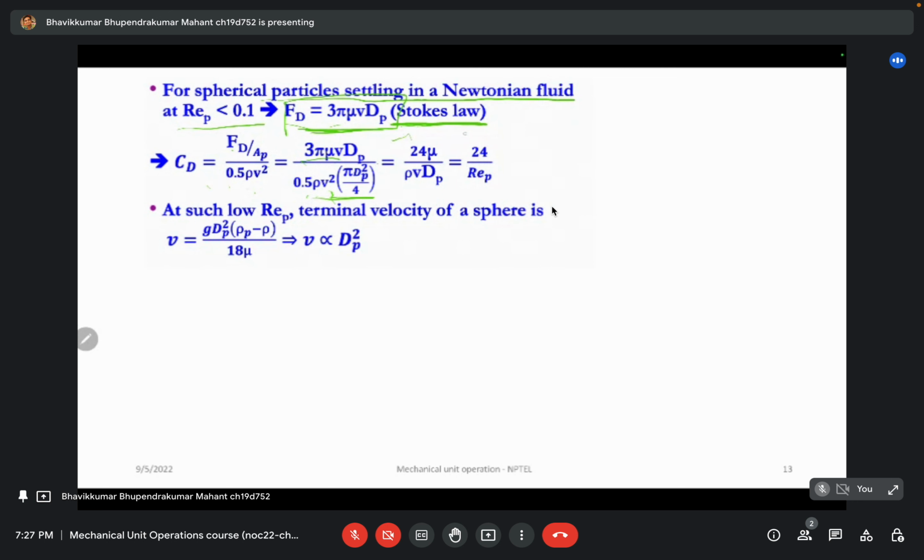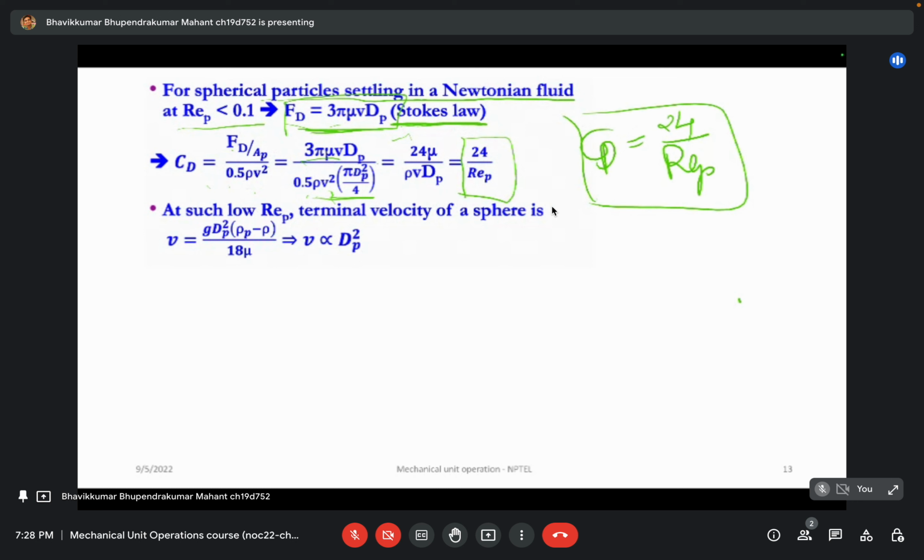If you clarify all the terms and solve it out, at the end you will get that for Rep less than 0.1, the drag coefficient is given by 24 divided by the Reynolds number of the particle in the fluid.